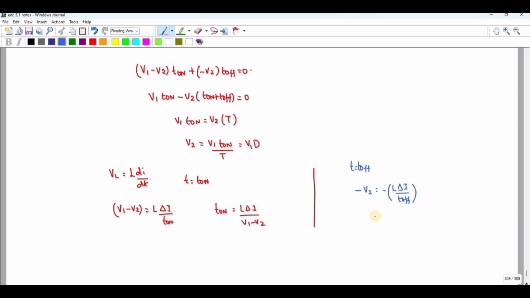So T off is equal to L del I divided by V2. We know that the total time is equal to T on plus T off, so we substitute the values.